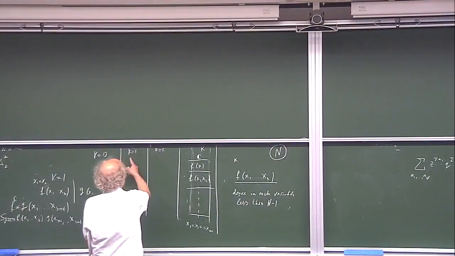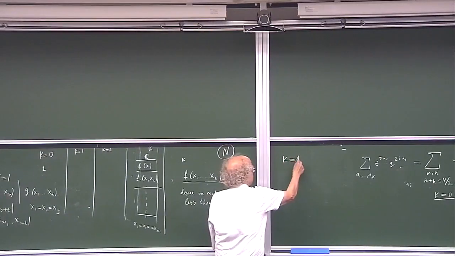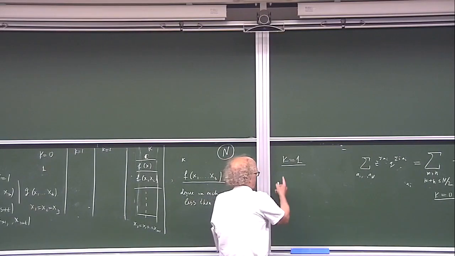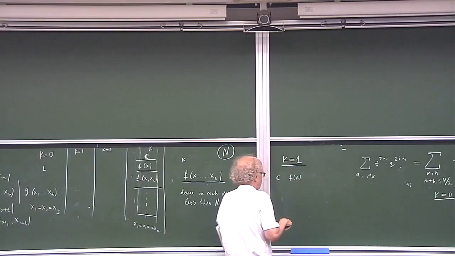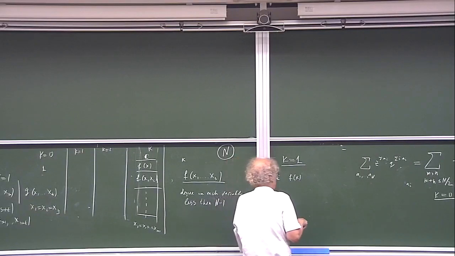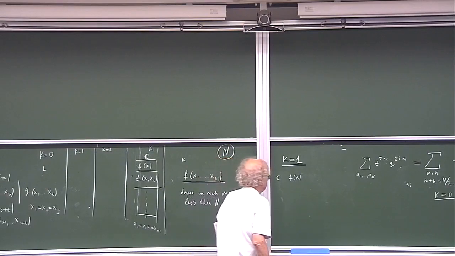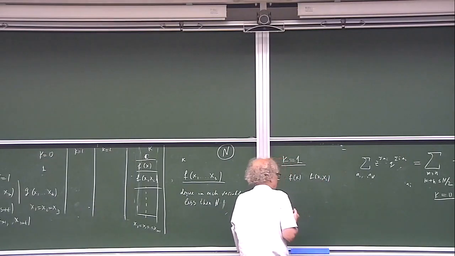In this case, what do we have for k equal 1? We have a constant, then we have a polynomial in one variable such that the degree is less than n, maybe less than n, not n minus 1. Then we have a function in two variables, x1, x2, with the same condition, and so on.